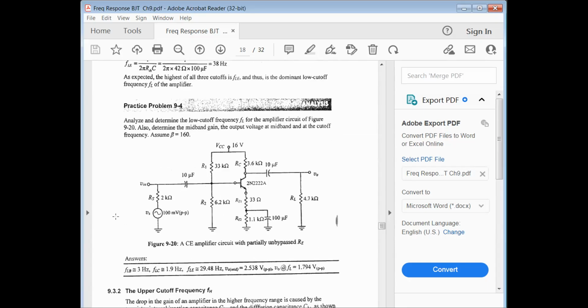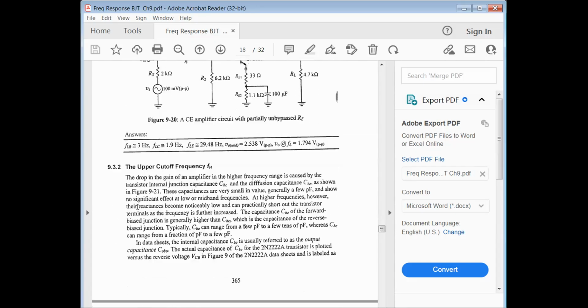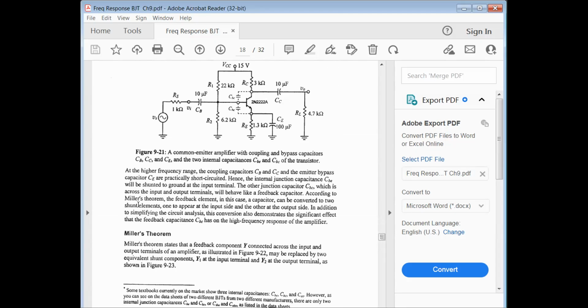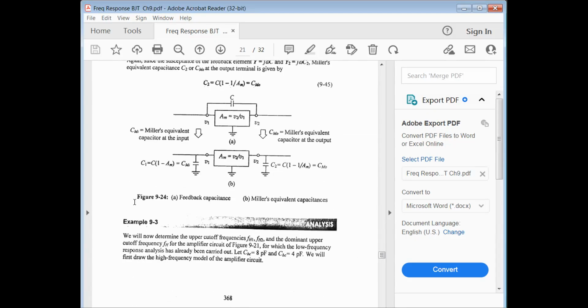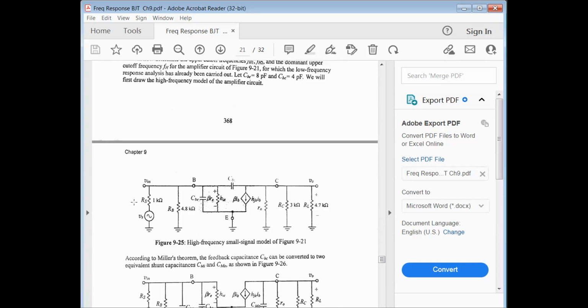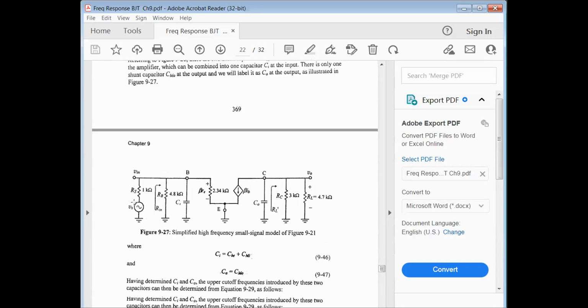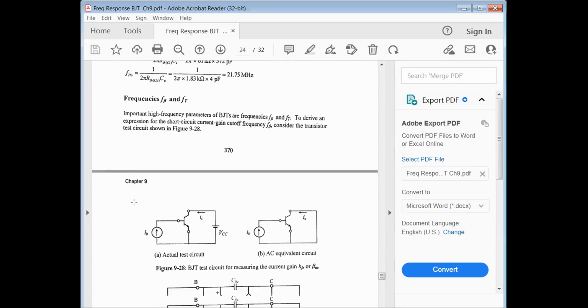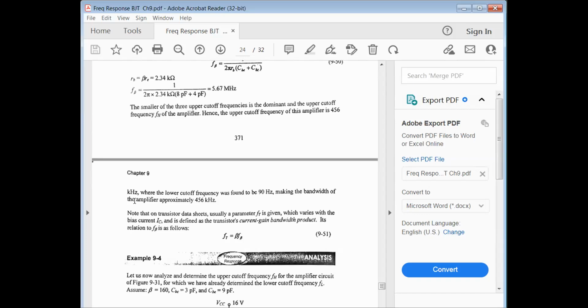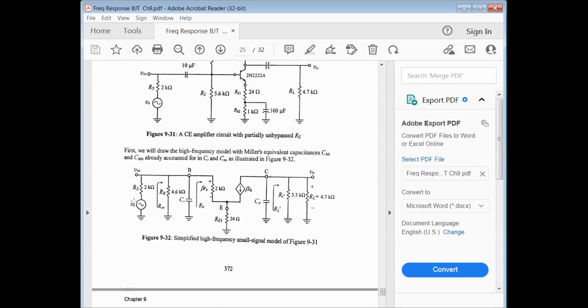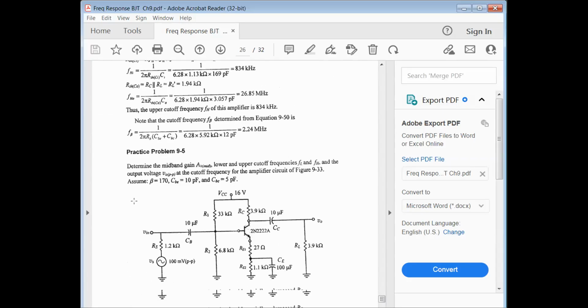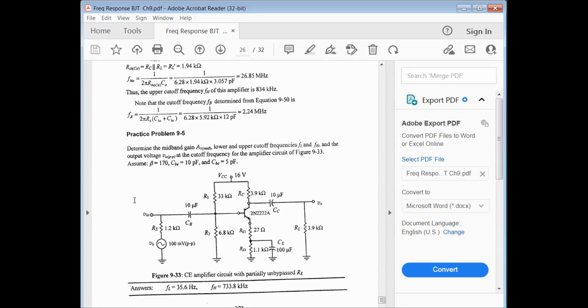If I give you a practice problem right now, there will be an example problem that goes with it. That's in the book. And so there's example problem 9-3. 9-4. Practice problem 9-5.